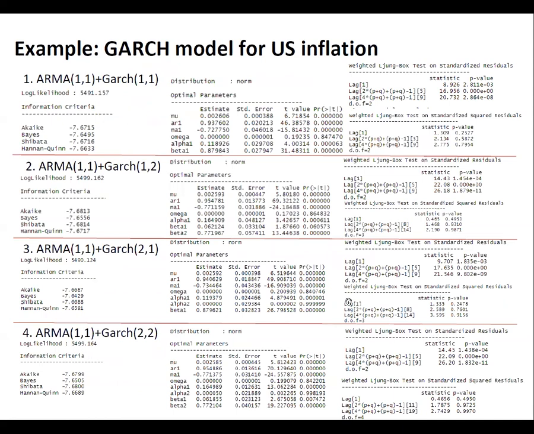Consider an example of building a GARCH model for US inflation. As I said, I'm just iterating over 4 variants of the GARCH model here with a small number of parameters. This is quite enough. Here they are, all versions that are possible. Well, we look at log likelihood, information criteria, and whether this model allows us to remove autocorrelation of residuals or not.